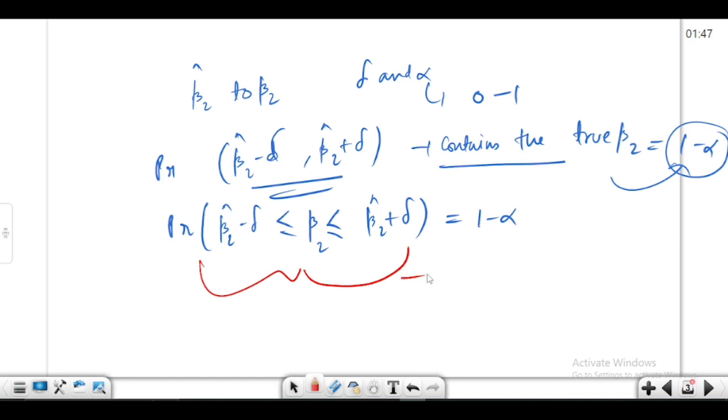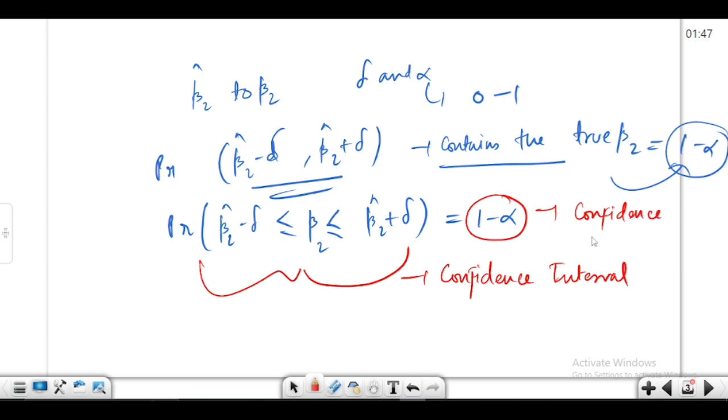This is called your confidence interval, or the range in which the true population parameter can lie, and this is called your confidence coefficient. I hope this is clear.